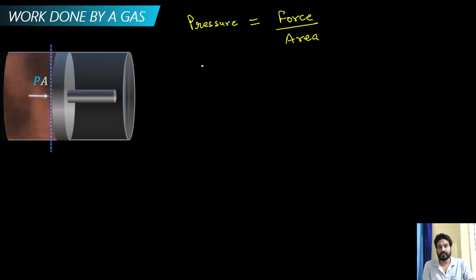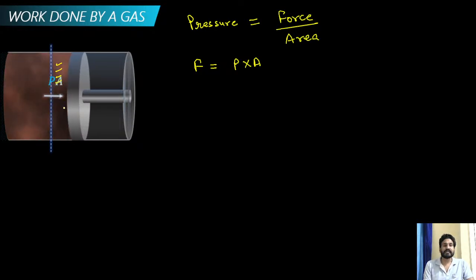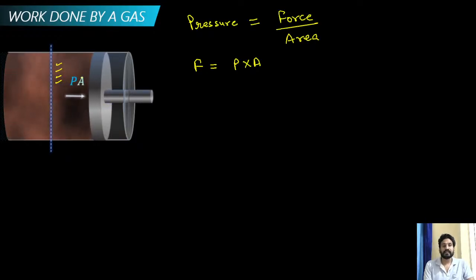If I am interested in calculating the force, that force is the pressure multiplied by the area. This is my piston, and the gas applies a force of amount PA on it. By this force, the gas expands. Let's suppose the piston moves to this position.